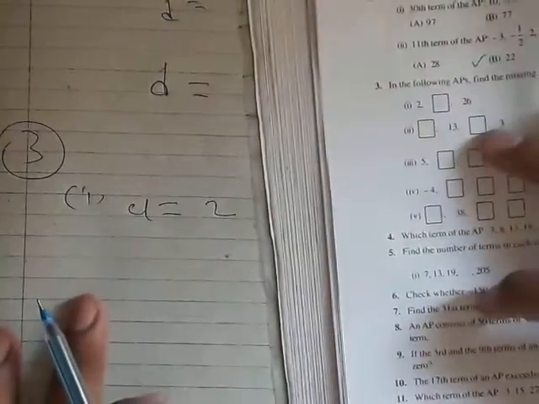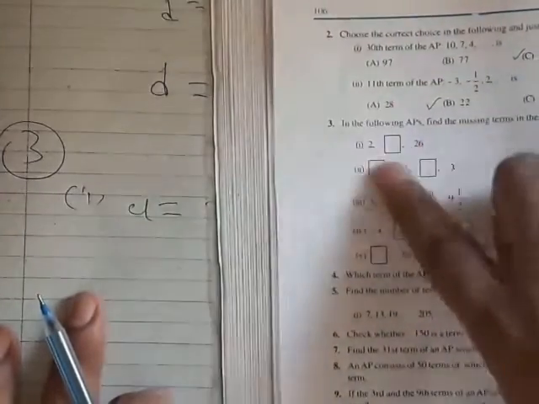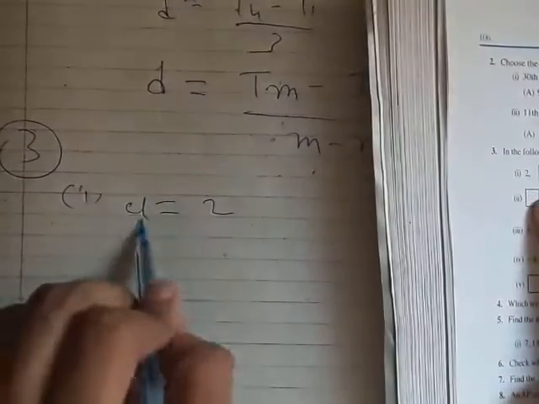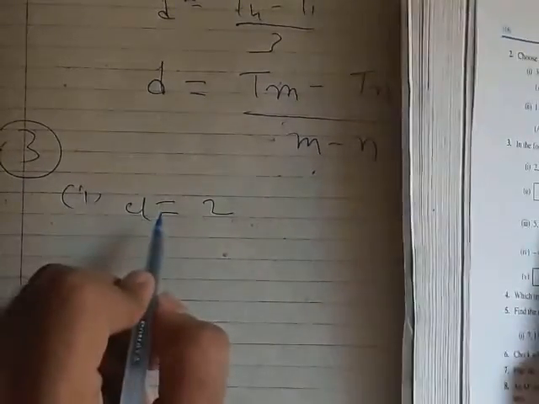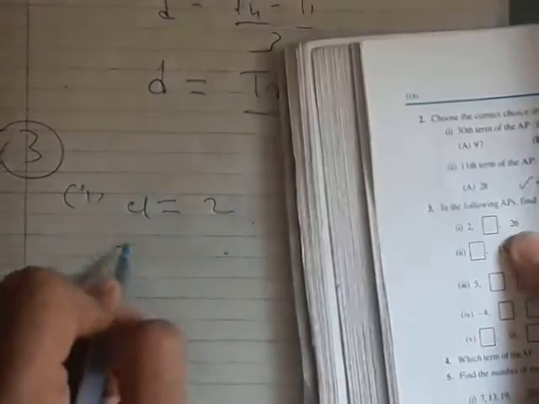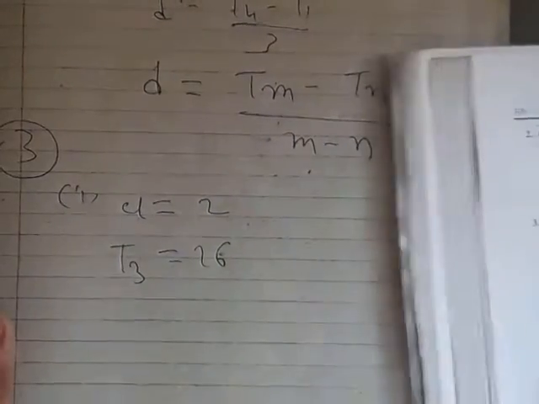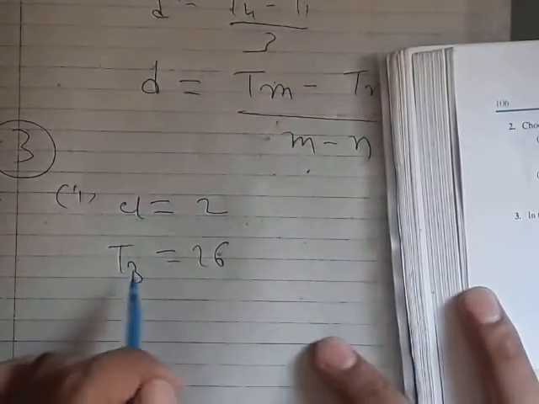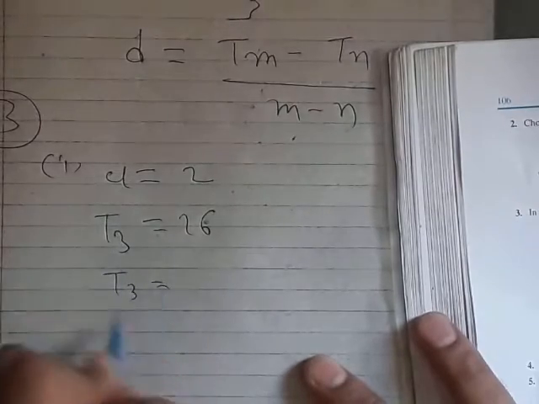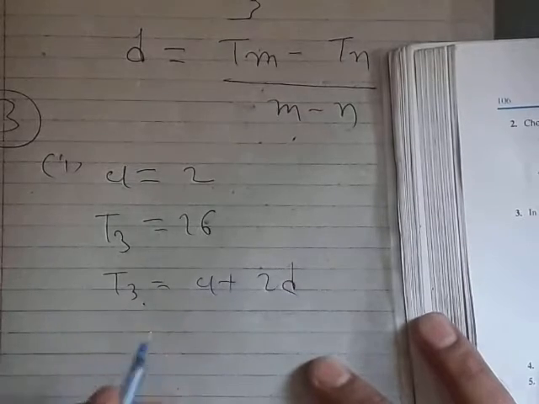Okay, so how to find that? You can use this, or for this particular question you can also do this, that a equal to 2. This is the third term, so we can say T3 equal to 26. We know the formula of Tn, a plus 3 minus 1 that is 2d.